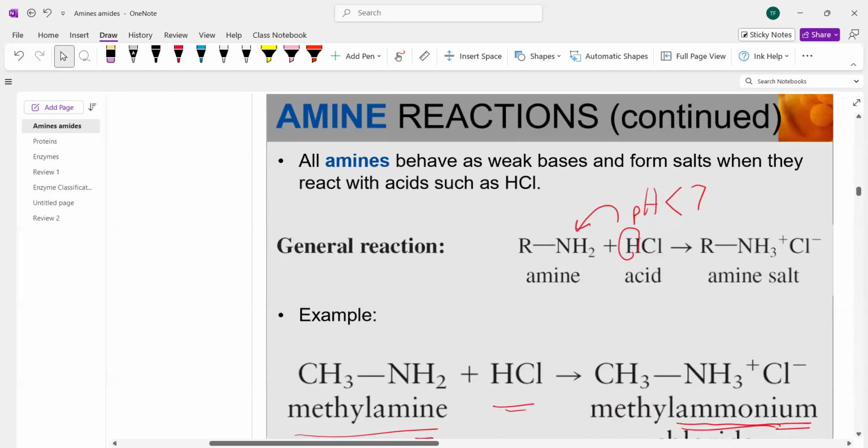So whenever we have an amine in an acidic environment, the H plus forms a coordinate covalent bond with that bonding pair to form an ammonium ion.